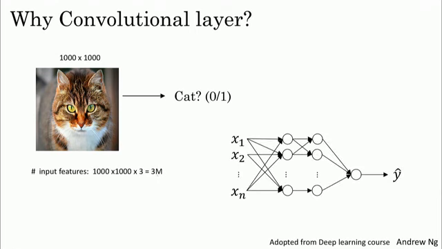If you want to use a standard neural network to classify this figure, and suppose you have only 1,000 hidden units in the first layer, the dimension of the parameters of your neural network only for the first layer will be 3 million times 1,000, which is 3 billion. So you need to store 3 billion parameters to only represent the first layer of the neural network.